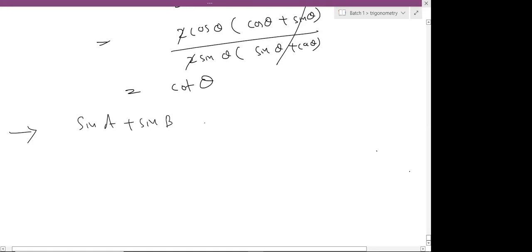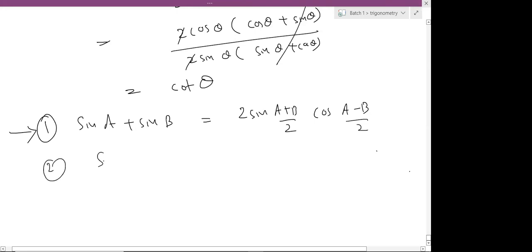Sin A plus sin B is equals to 2 sin A plus B by 2 cos A minus B by 2. Second one is sin A minus sin B, and this is equals to 2 sin A minus B upon 2 cos A plus B upon 2.